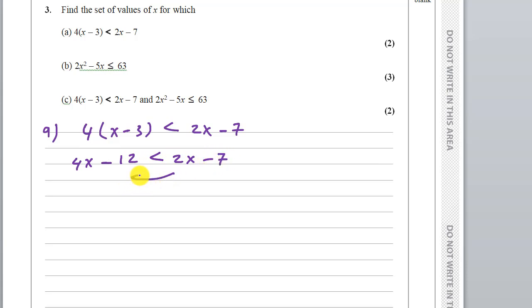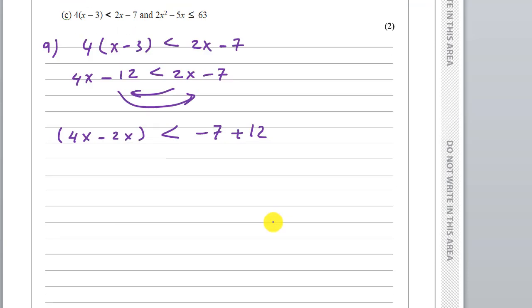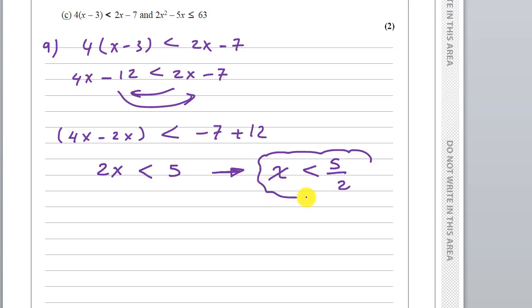Let us bring 2x here and the constant to this side. So it will be 4x minus 2x less than -7 plus 3. So 2x is less than -4. So from here, x is less than -2. And this is the answer to this part.